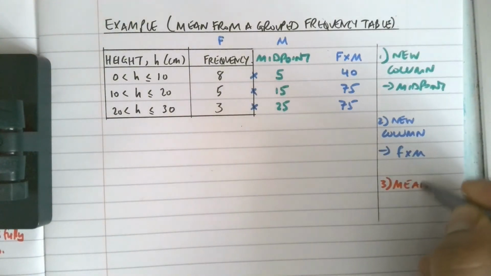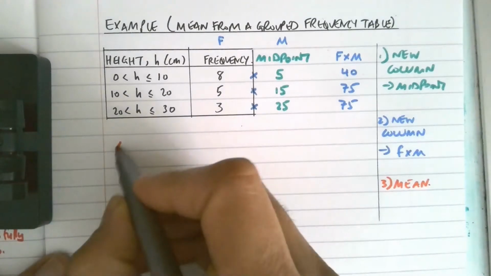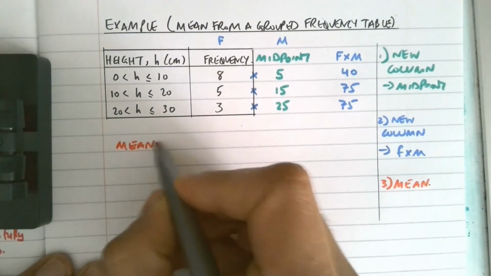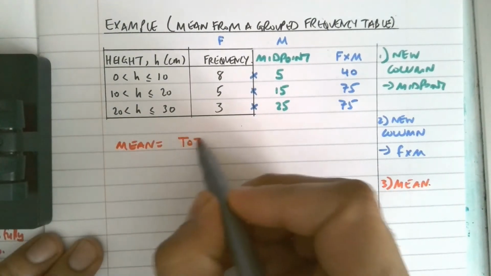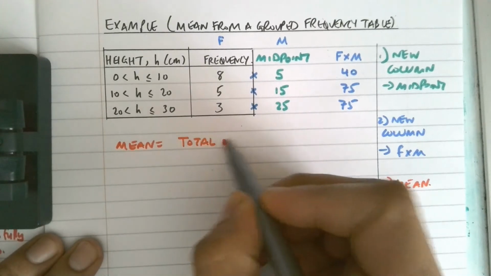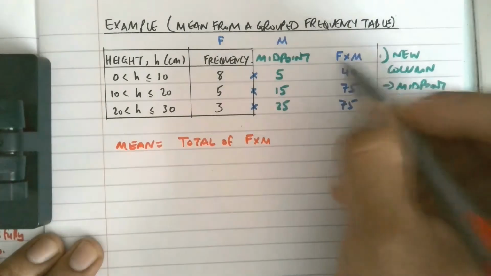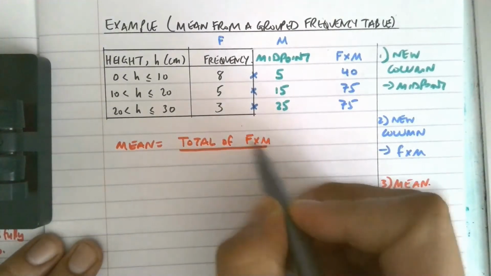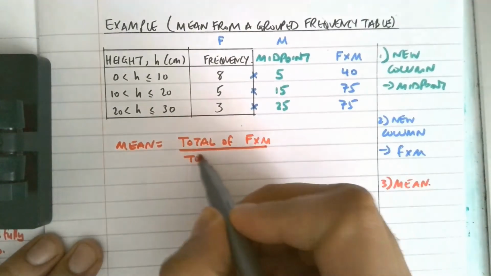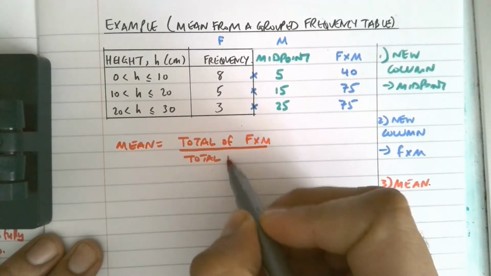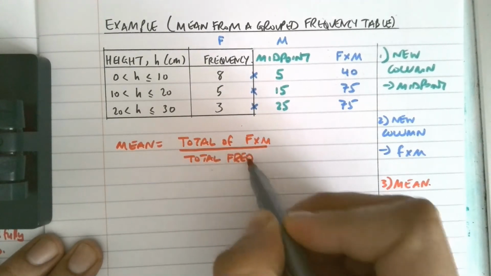Okay? And to find the mean, we use the total heights. So that's going to be 40 plus 75 plus 75. Basically, we're adding up that blue column, and then we're going to add up the frequency column to find the total frequency.